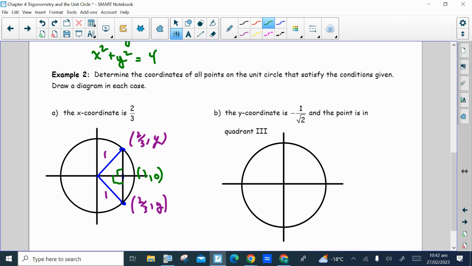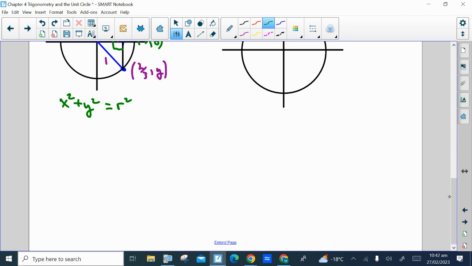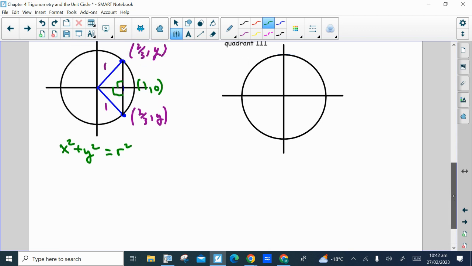So we can use Pythagorean theorem to find the missing value. In this case, the missing value will be the y value. It'll be positive in quadrant 1, and negative in quadrant 4. We can find out what it is again by using Pythagorean theorem. We know that x squared plus y squared equals r squared. Our x value here is 2/3.